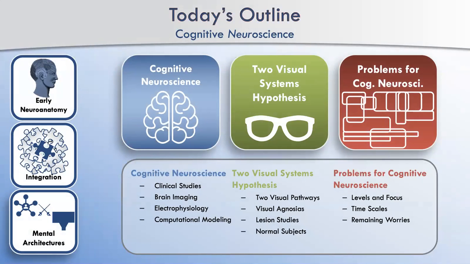Relevant background is going to be the early neuroanatomy lecture from the beginning of the class, where we discussed the difference between whole brainers and people that thought that parts of the brain were responsible for various facets of your personality and functionality.